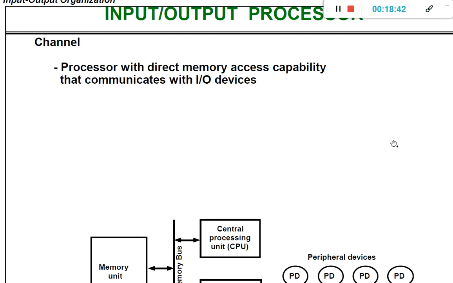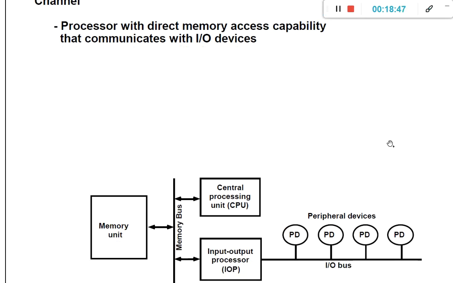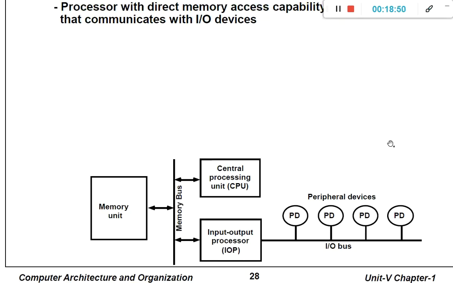So the next topic is input-output processor. As we discussed previously, even though in case of direct memory access the data transmission is carried out by the DMA controller, the control signals must be passed by the CPU only, because the processor can only execute the instructions.